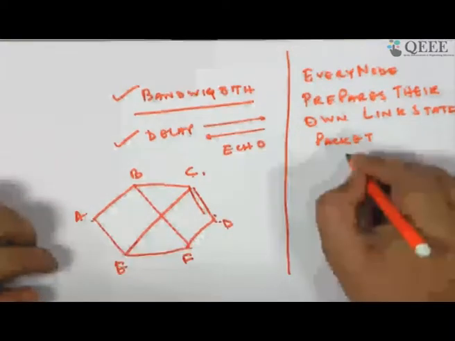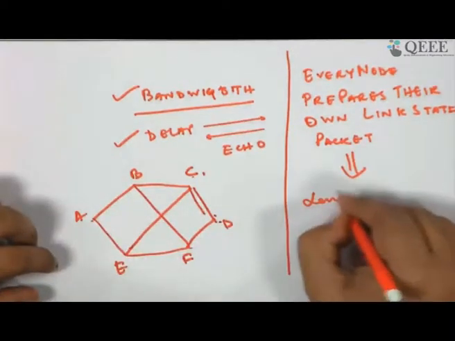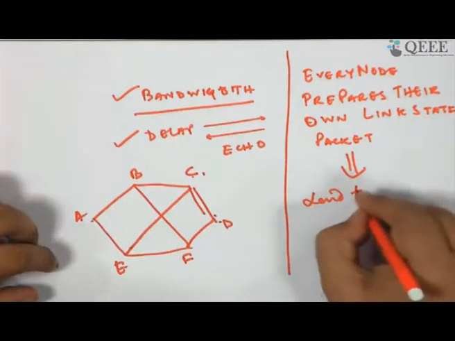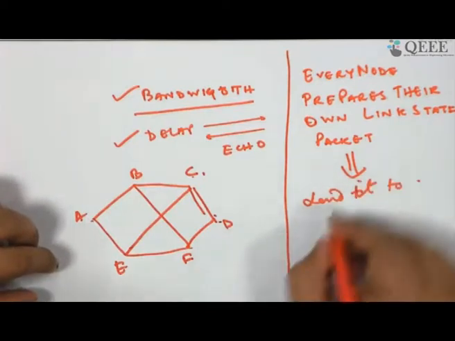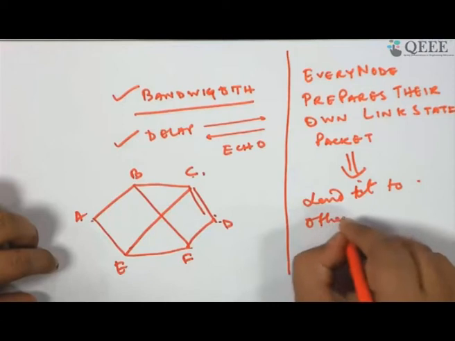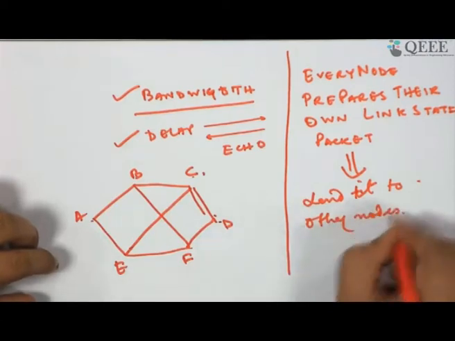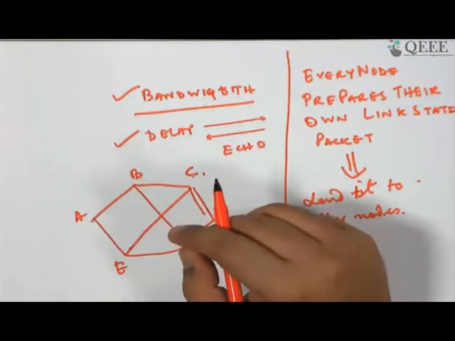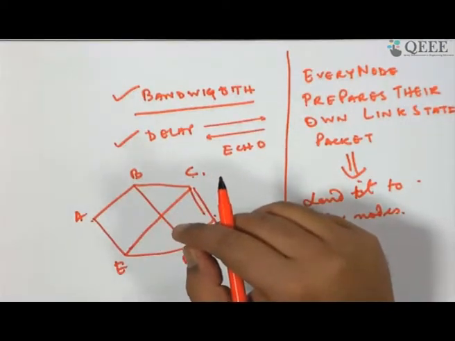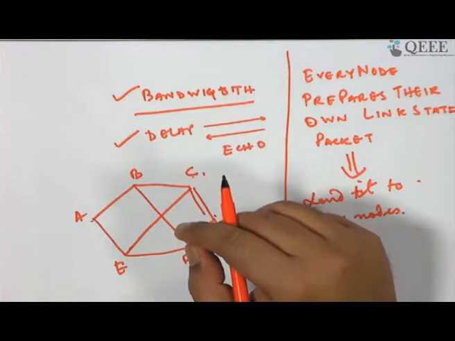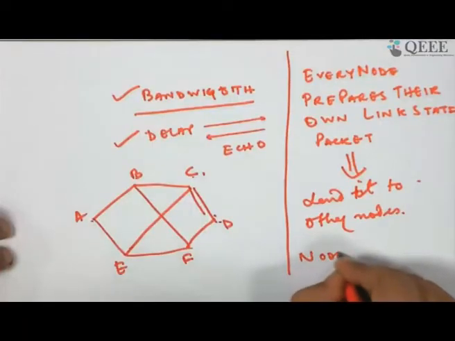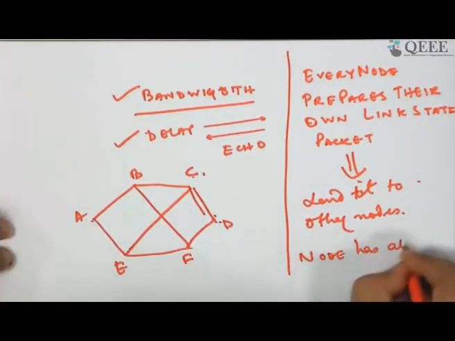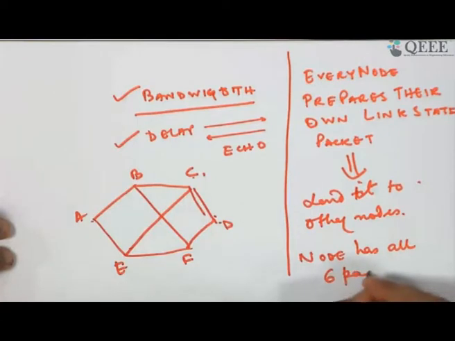Now, what do they do? They send it to other nodes. So, now think that after a certain point, node A has all 6 packets.